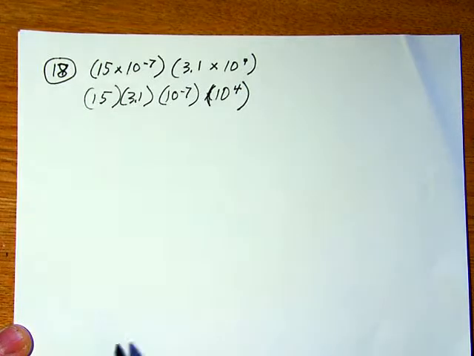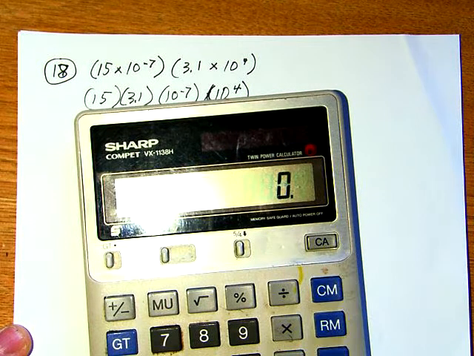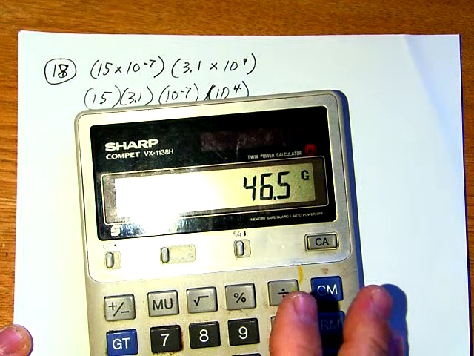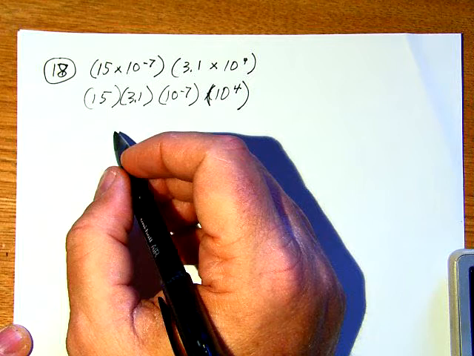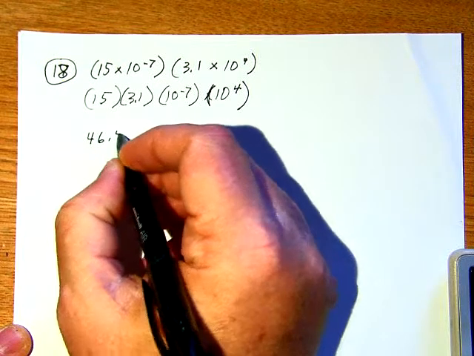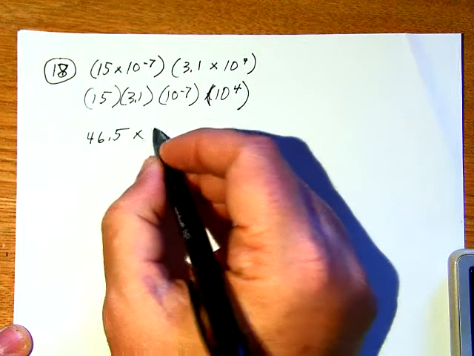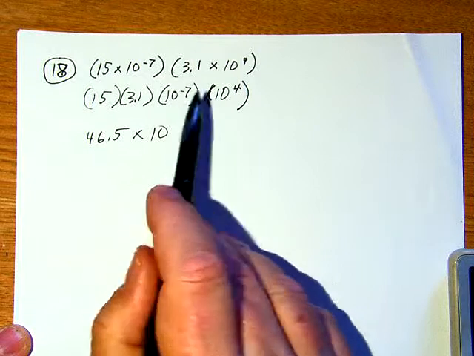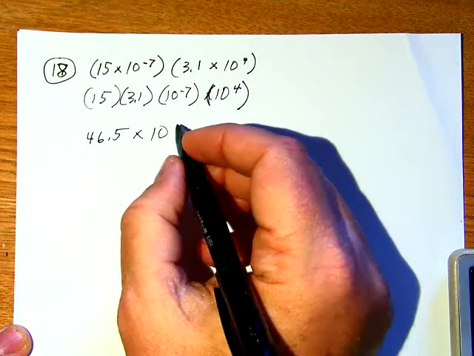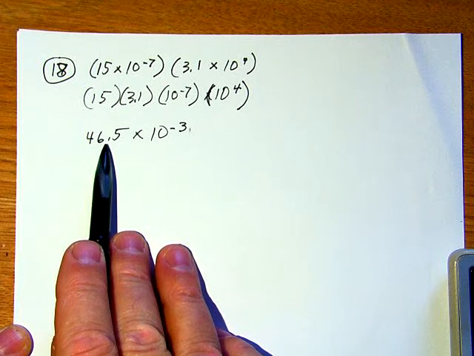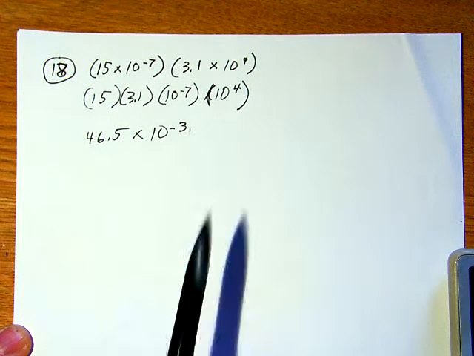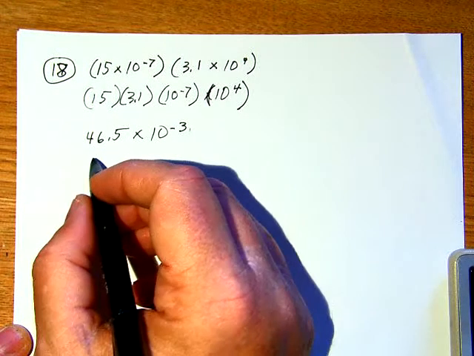Put those parentheses around there correctly. 15 times 3.1 is 46.5. So we get 46.5 times 10, and we add exponents. Negative 7 plus 4 is negative 3. But we now notice that we're not done yet because our factor is not a single-digit factor between 1 and 10.